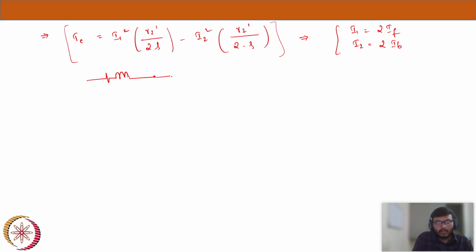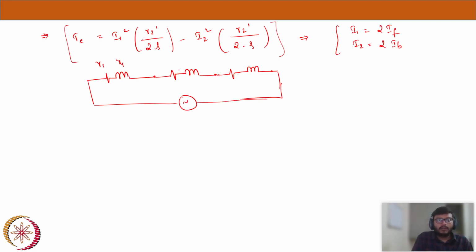Here we will start our forward field equivalent impedance, and this is the backward field equivalent impedance, and then we will have our supply. This is R1, X1, RF, XF, RB, XB.